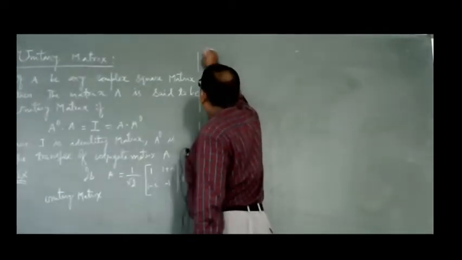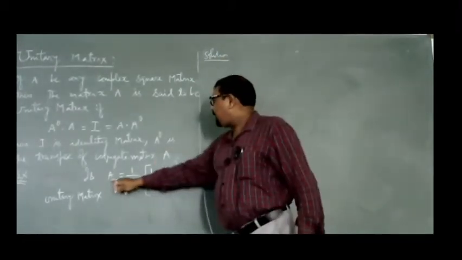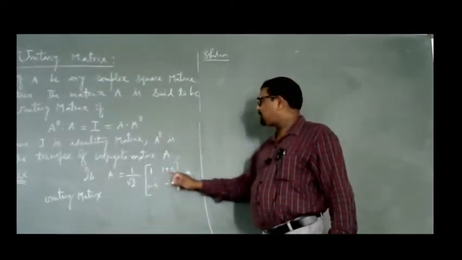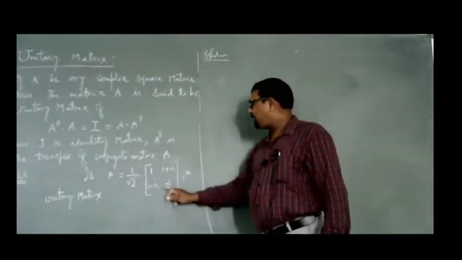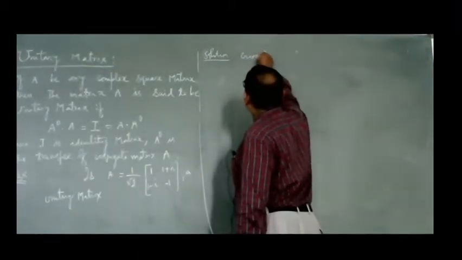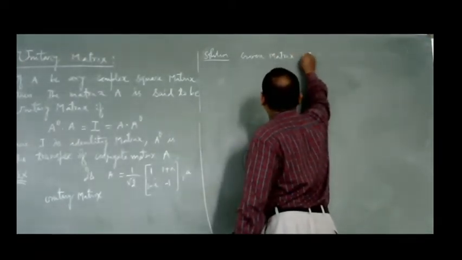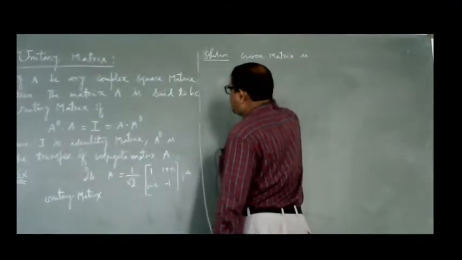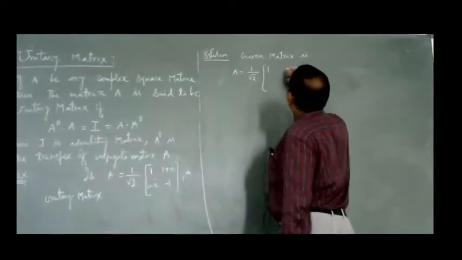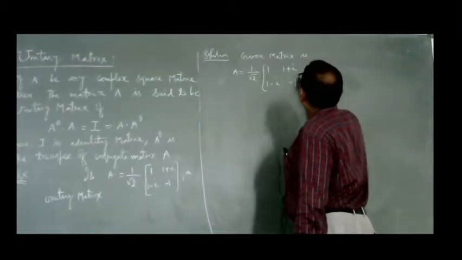Here is the solution of this question. A is given as 1 by root 2. The first row elements 1, 1 plus i. The second row elements 1 minus i, minus 1. Let us find A bar. Given matrix is A equal to 1 upon root 2 times 1, 1 plus i, 1 minus i, minus 1.